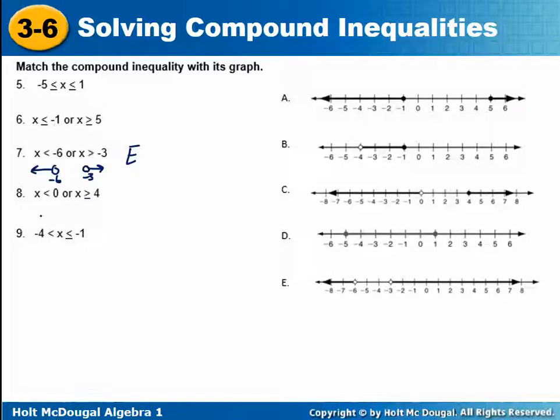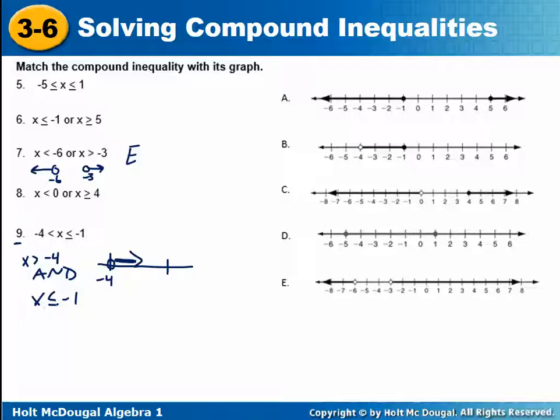Let's look at one with an "and," that's number 9 and 5 as well. -4 is less than x, or we could write that as x is greater than -4, and x is less than or equal to -1. So there should be an open circle at -4, and I want all of the values greater than that.